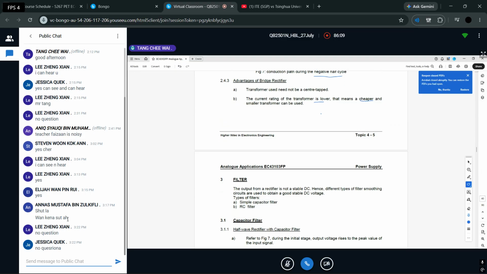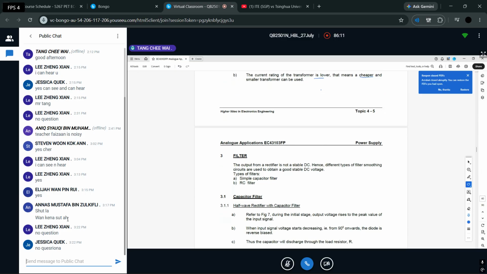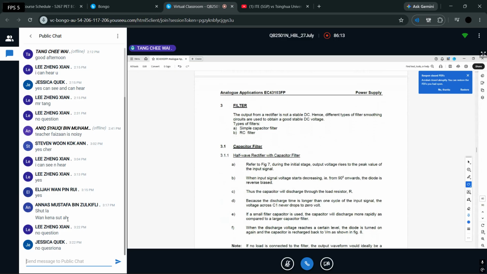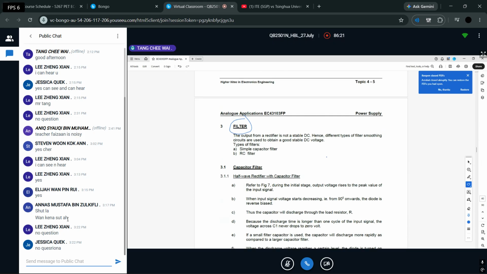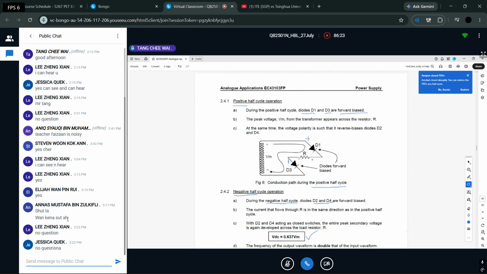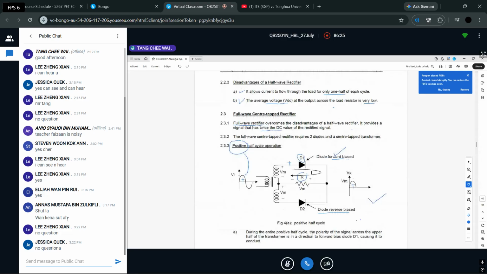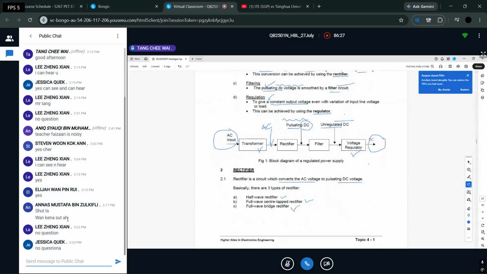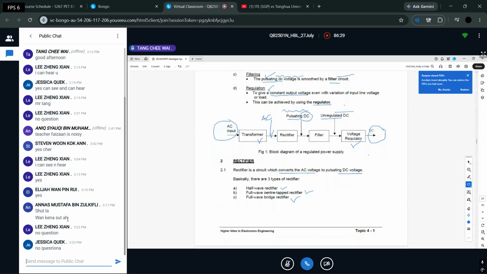Now we move on to the next stage, which is the filter. If you have forgotten just now or haven't joined earlier, I go back to the very initial block diagram for the benefit of those who are not here early on or missed out. We have already done rectification here.